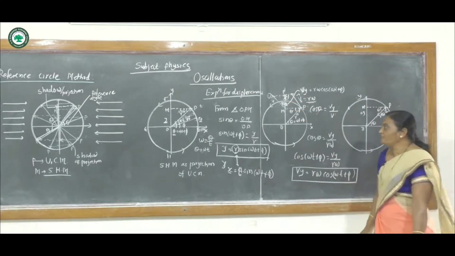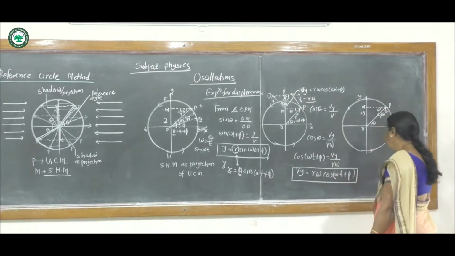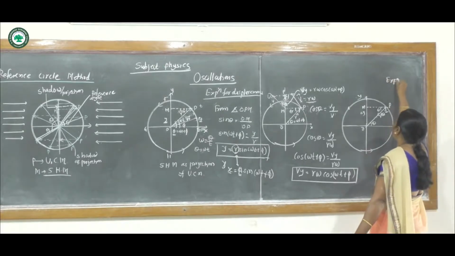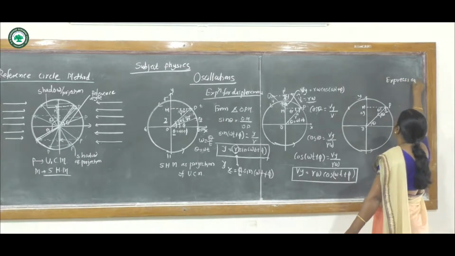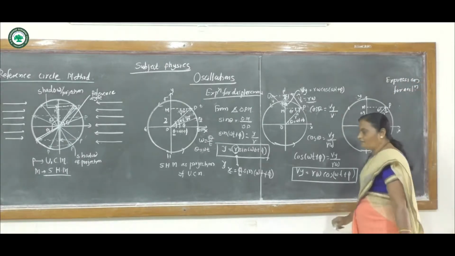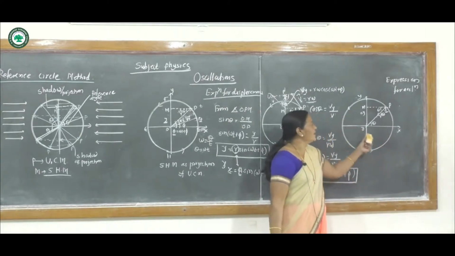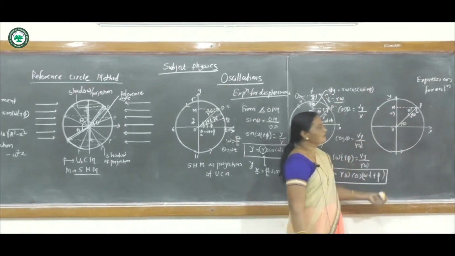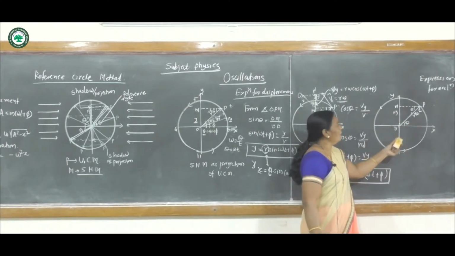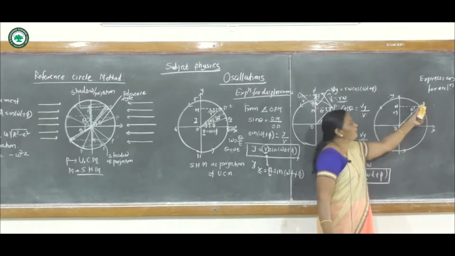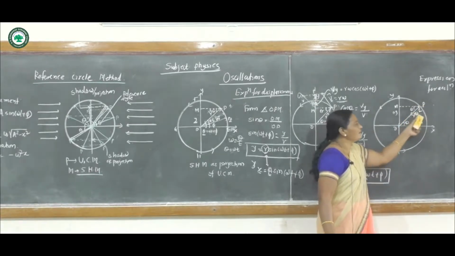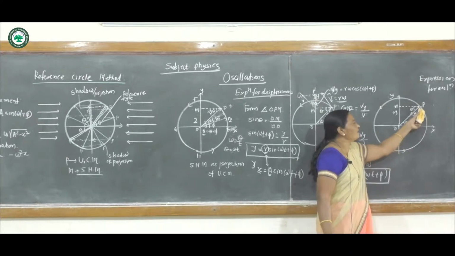Now the third expression, that is the expression for acceleration. Again consider the particle revolving along the circumference of a circle in the anti-clockwise sense. Now the particle is at point P at a distance r omega square.